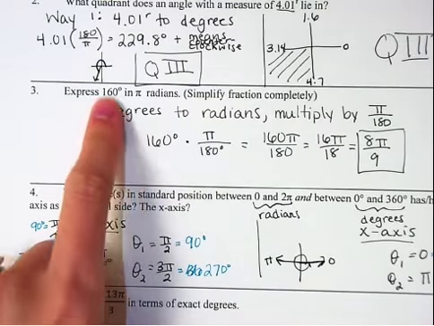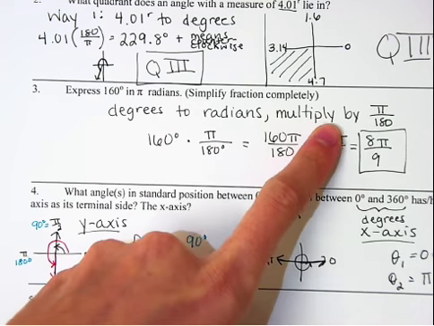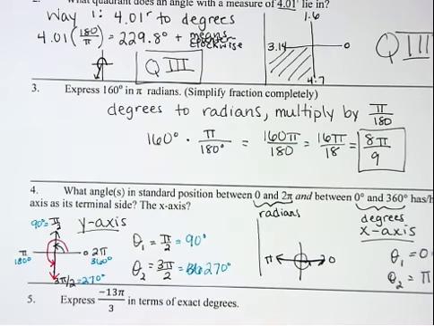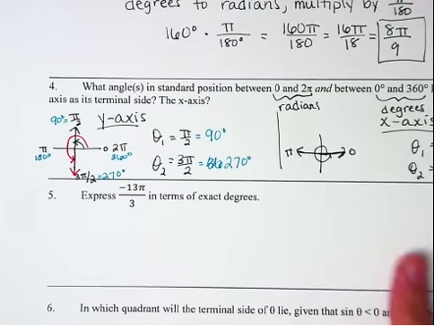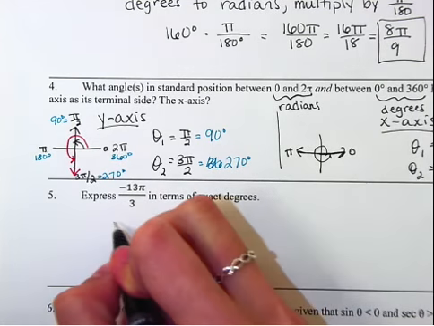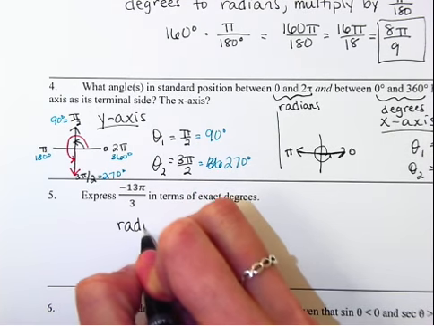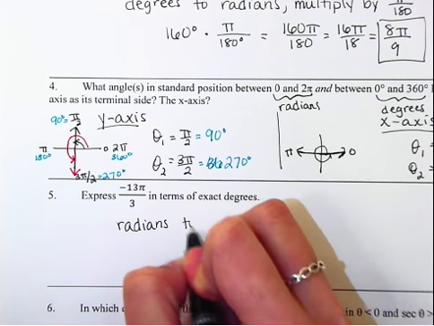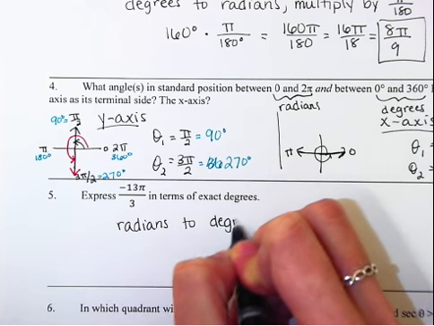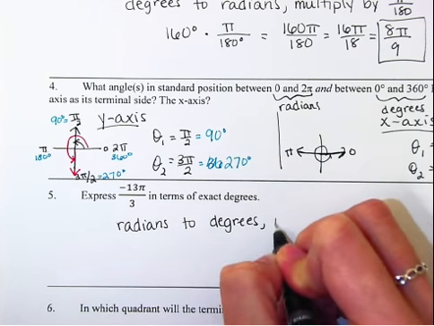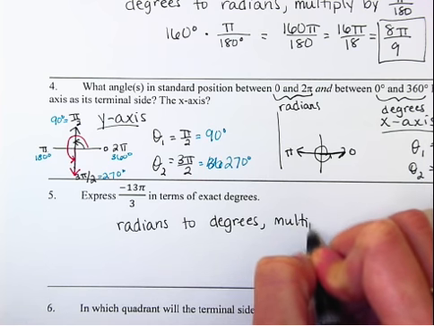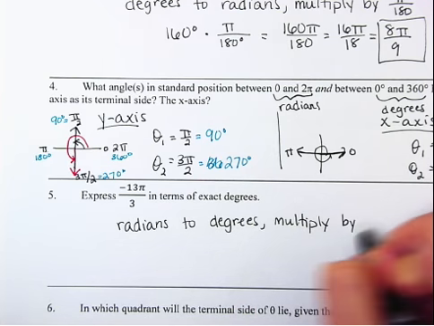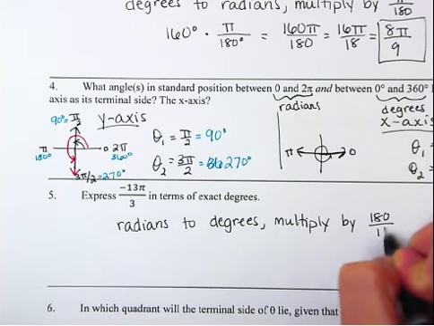Well, with question 3, we saw that degrees to radians, multiply by pi over 180. Now we're going backwards, so we're going to multiply by 180 over pi. So radians to degrees, multiply by 180 over pi.